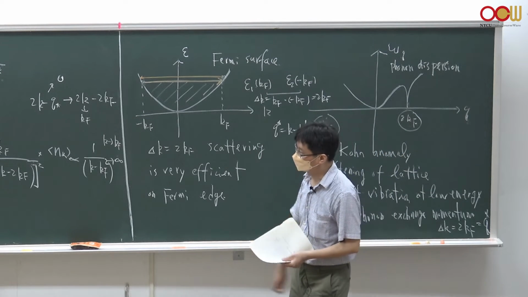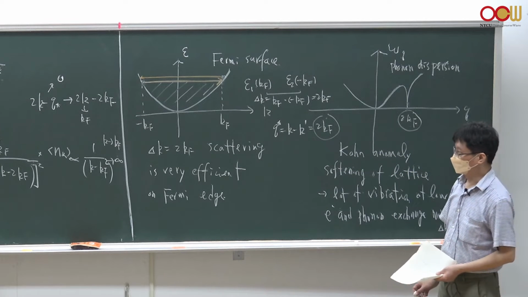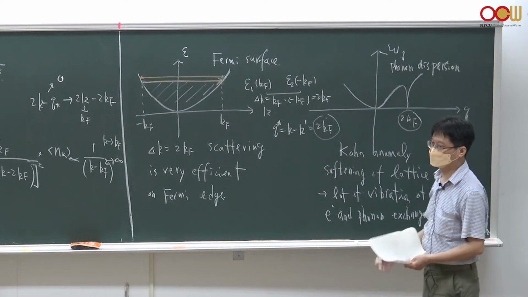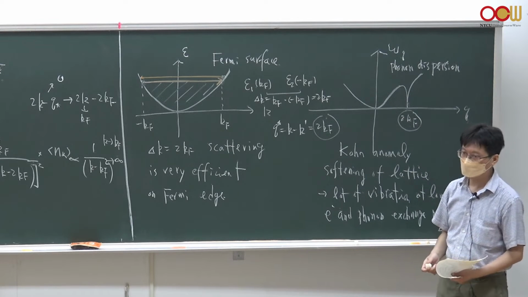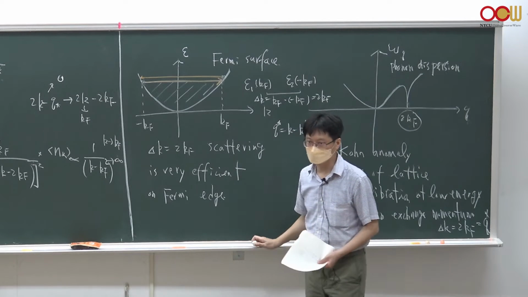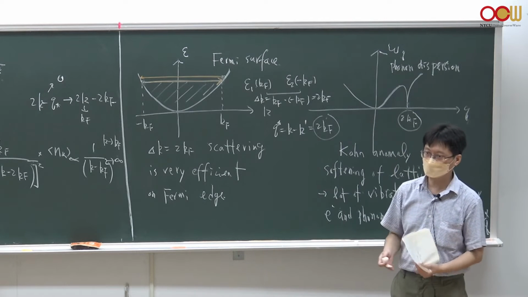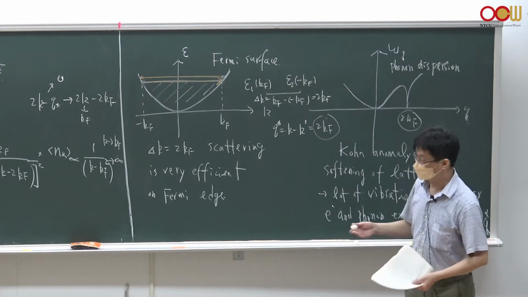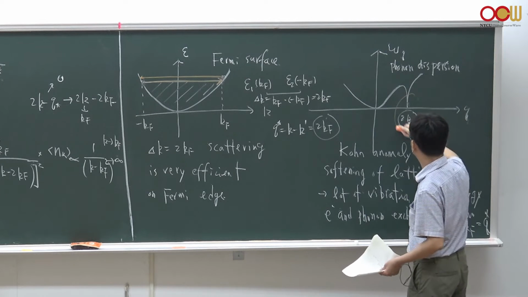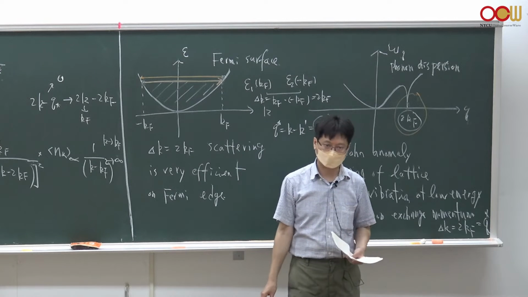This is the first non-trivial consequence of the electron-phonon effect on the phonon dispersion. The phonon dispersion gets modified because of this 2kF scattering with electrons, and that's the first non-trivial effect of the electron-phonon coupling.